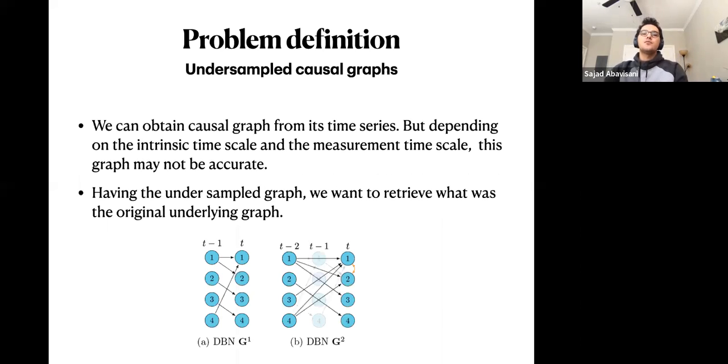Now, I want to talk about how I've been using this in a real world problem. The problem that I've been working on is causal structure learning. Basically, we have a time series of some phenomenon, and we can turn that into a Markov chain of states that are affecting each other.